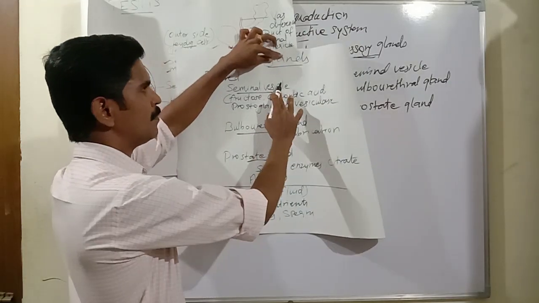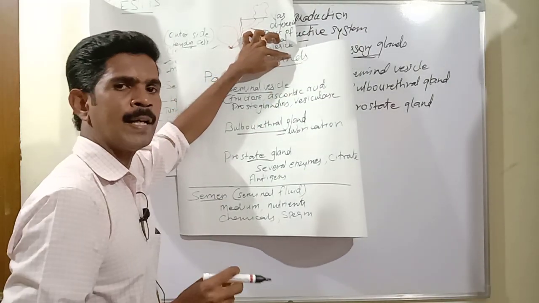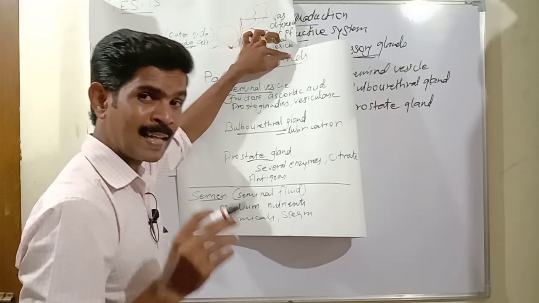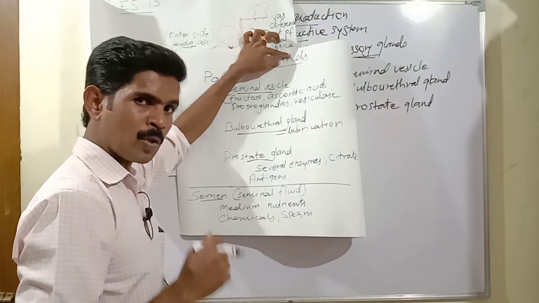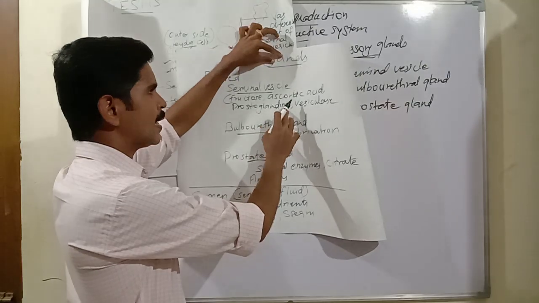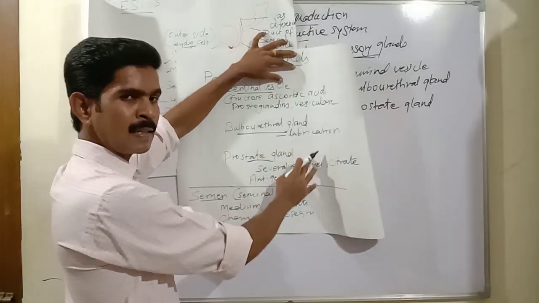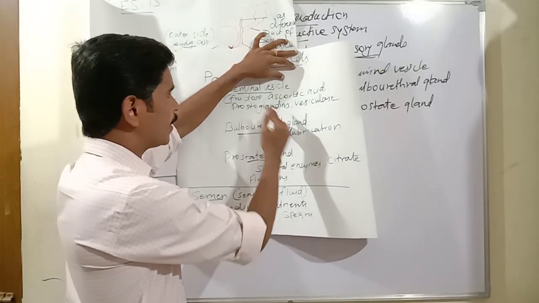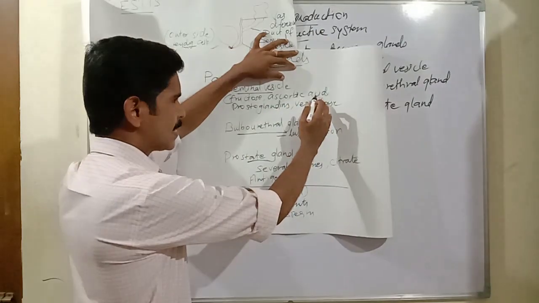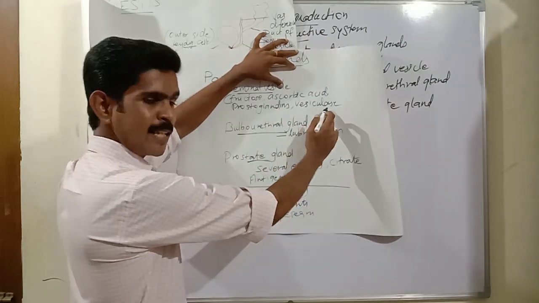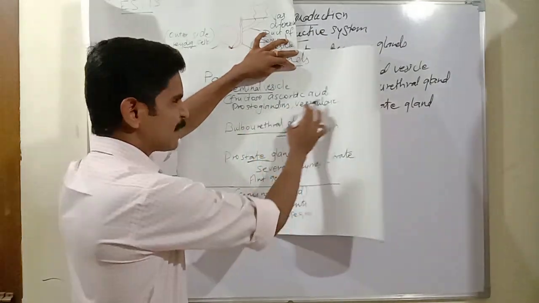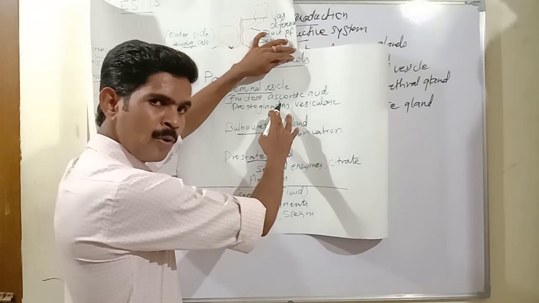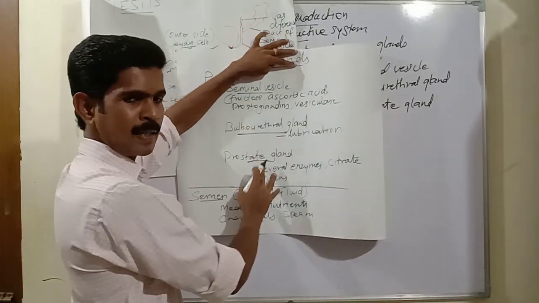The seminal vesicle secretes a liquid fluid. It is alkaline in nature. This alkaline fluid secreted by the seminal vesicle consists of some substances. They are fructose, ascorbic acid, prostaglandins, and vesiculase. So these are some of the substances present in the fluid secreted by the seminal vesicle.